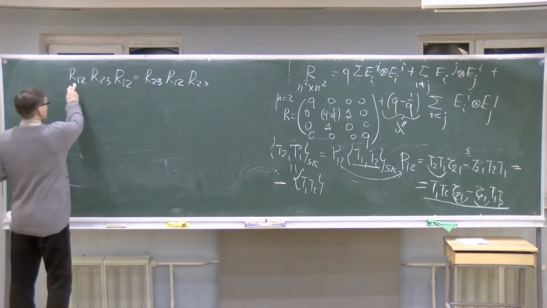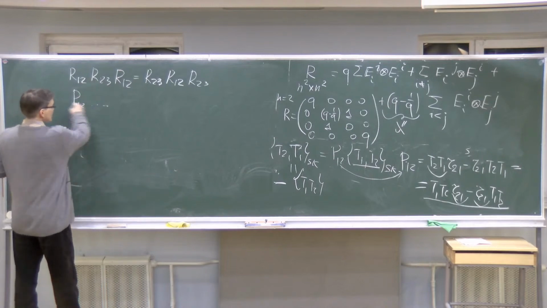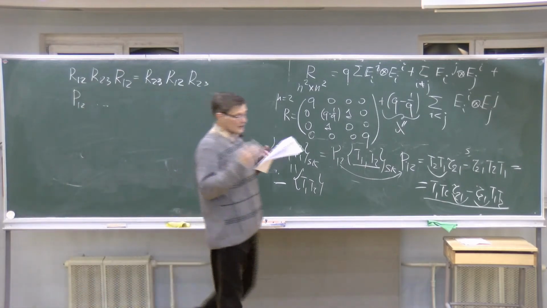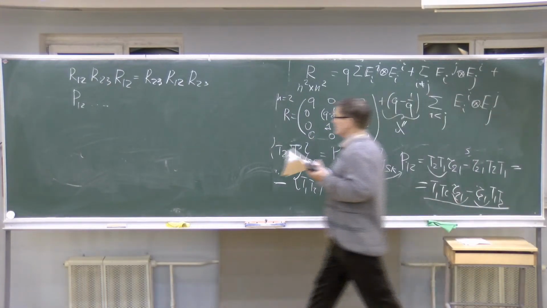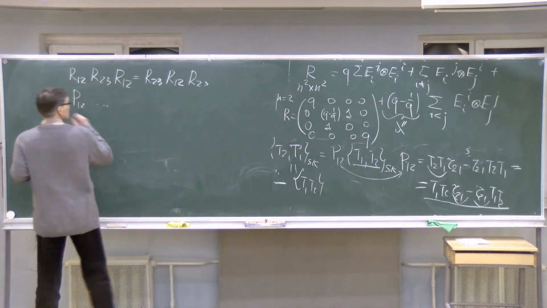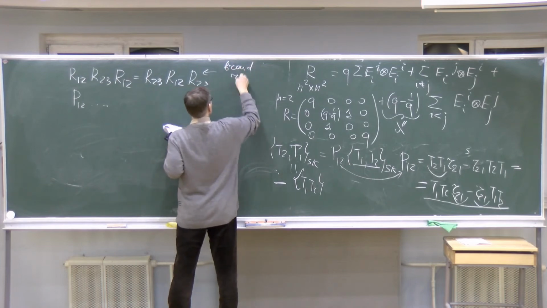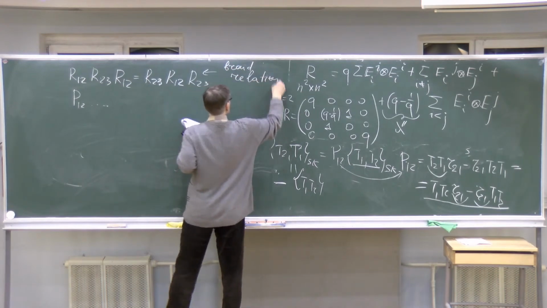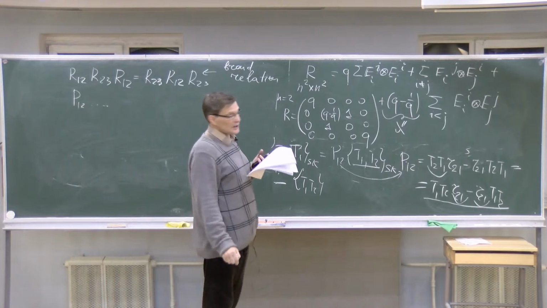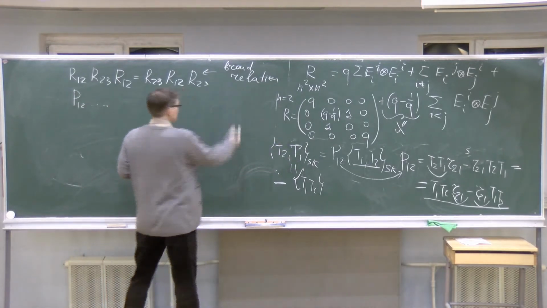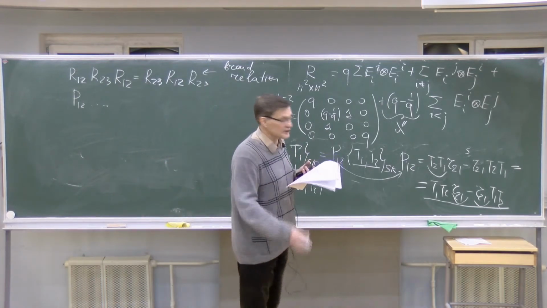If I put here a permutation, P12, and so on, this is just the braid relation of the transposition in the symmetric group. This is a braid relation. Sometimes it is also called the quantum Yang-Baxter relation, but I prefer to call this the braid relation because the quantum Yang-Baxter relation has a slightly different form for different matrices.